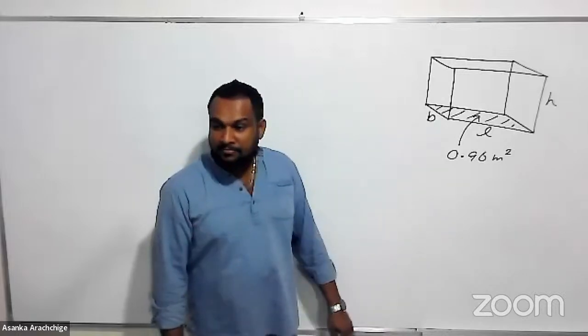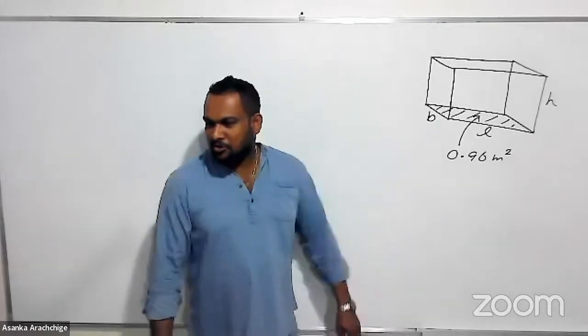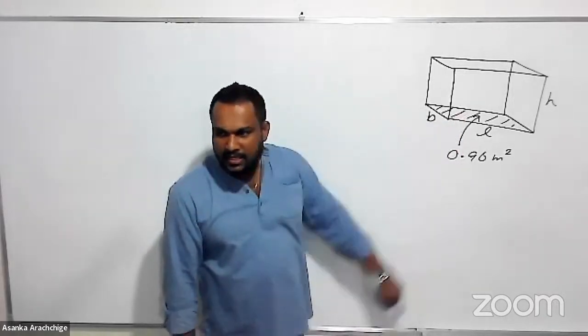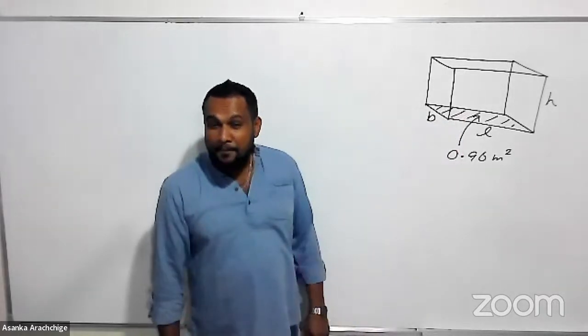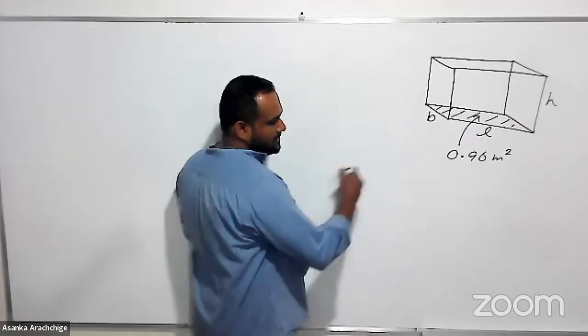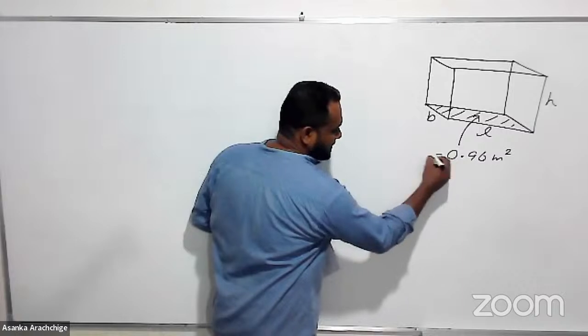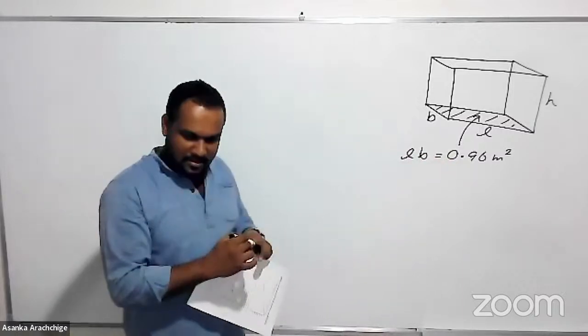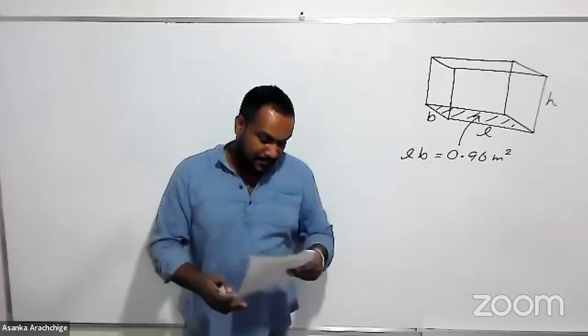Now look at the diagram and tell me. That is the product of length and breadth. This 0.96 is the product of L and B. Is that clear? Right.